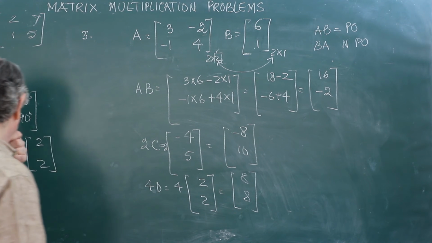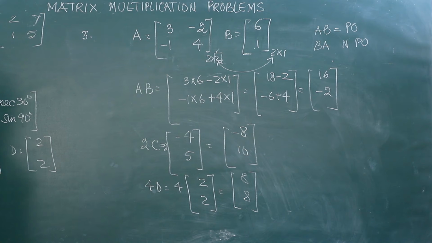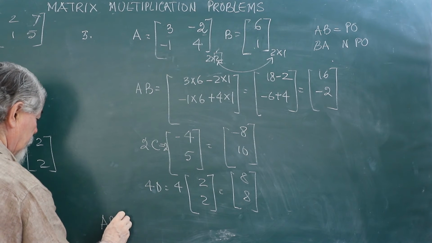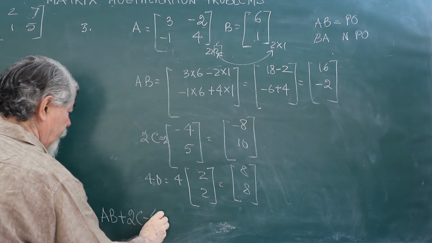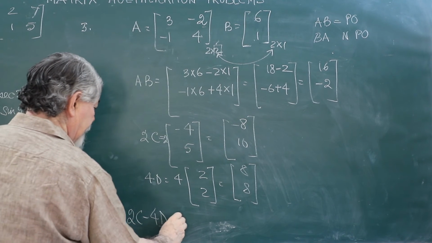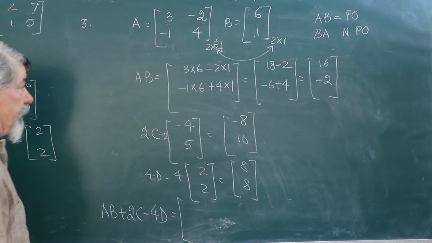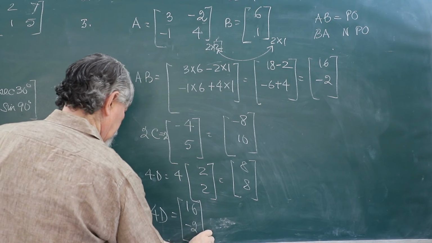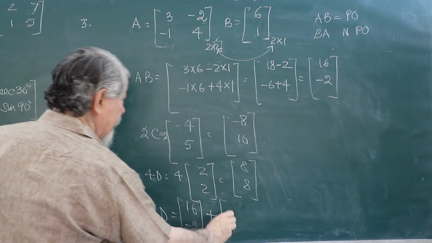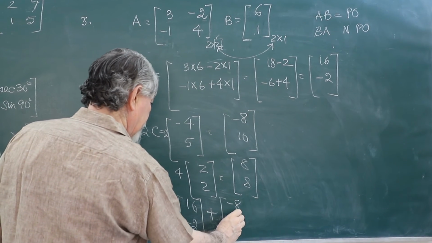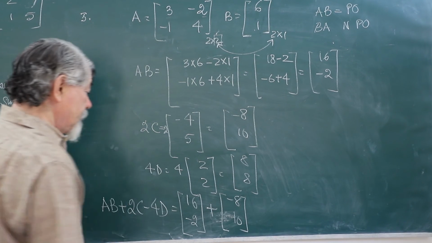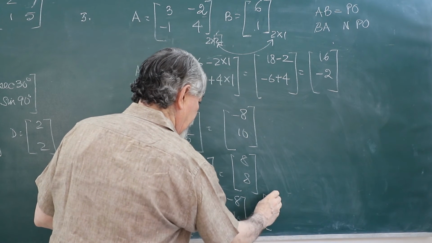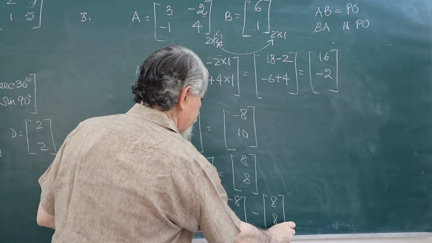Now you have to get AB plus 2C minus 4D. We have calculated everything individually. The matrix AB is 16, minus 2, plus 2C I have calculated as minus 8, 10, and this is minus 4D, so minus 8, 8.